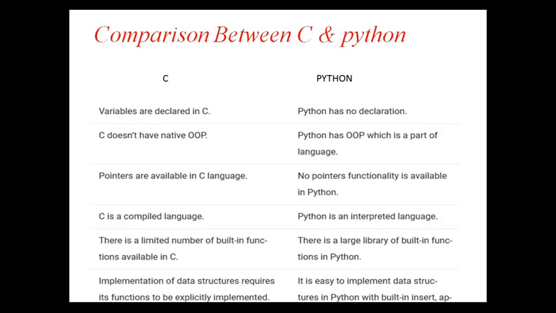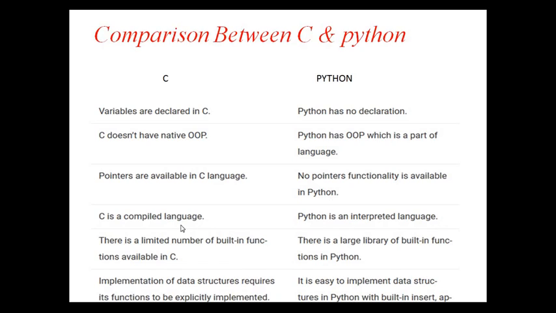So here is a comparison between C and Python. What is C and what is Python? Some comparisons I have shown here, like C is complex, whereas Python is easy. In C, indentation is not mandatory, whereas in Python indentation is mandatory. Pointers are available in C language. No pointers functionality is available in Python.